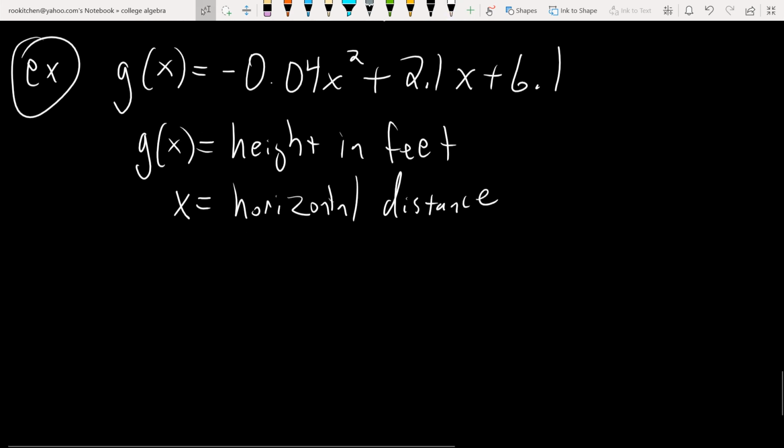Okay, so the first question, part A, they want to know what's the maximum height of the shot put.